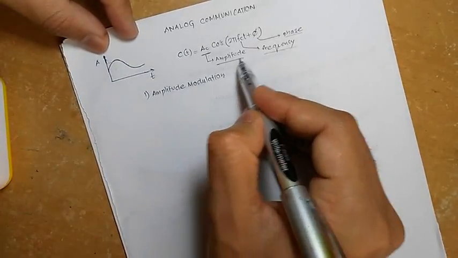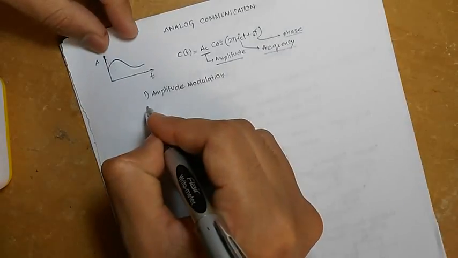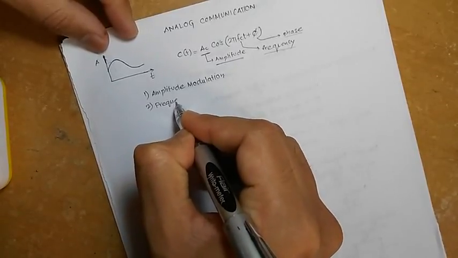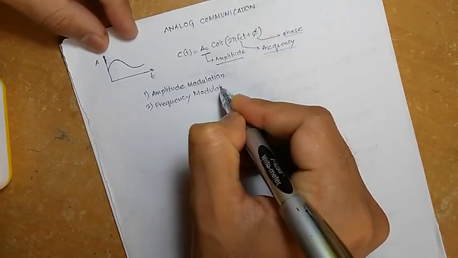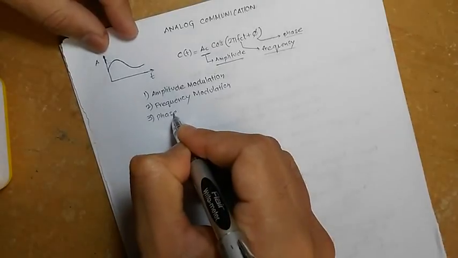In this we vary the amplitude of the signal by the message signal. Second is frequency modulation. And third one is phase modulation.